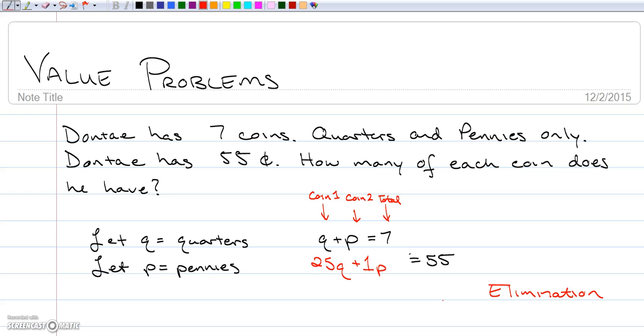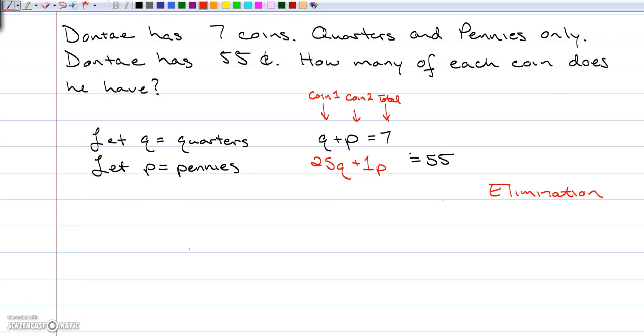But right now, the big idea for any problem that associates a value with whatever we're counting, so anytime there's money involved, we set up two equations. Equation number 1 is called the count. Equation number 2 is always going to be the value equation.